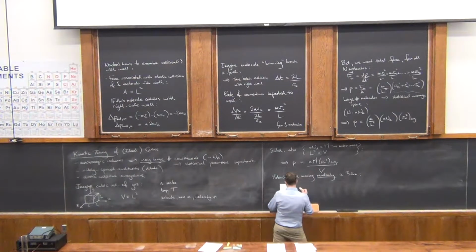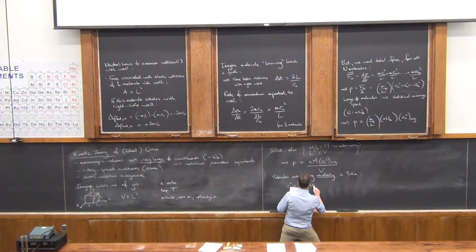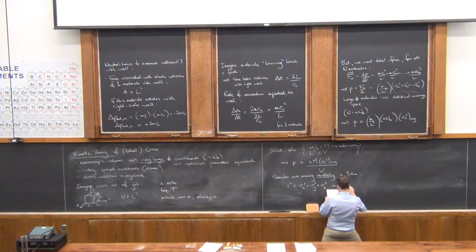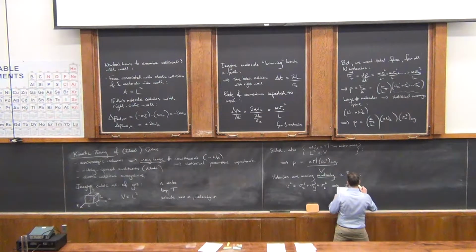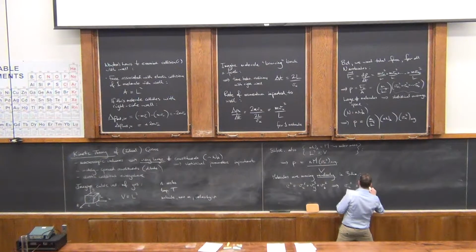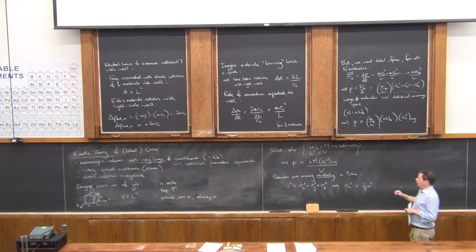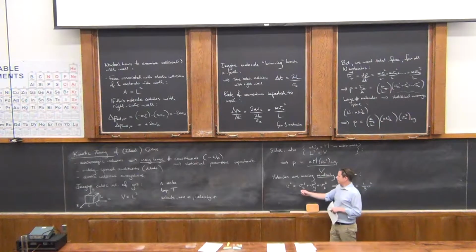And here's the bit that you might be a little less comfortable with, so I just want to pause and talk about it. So they're moving randomly in 3 dimensions.